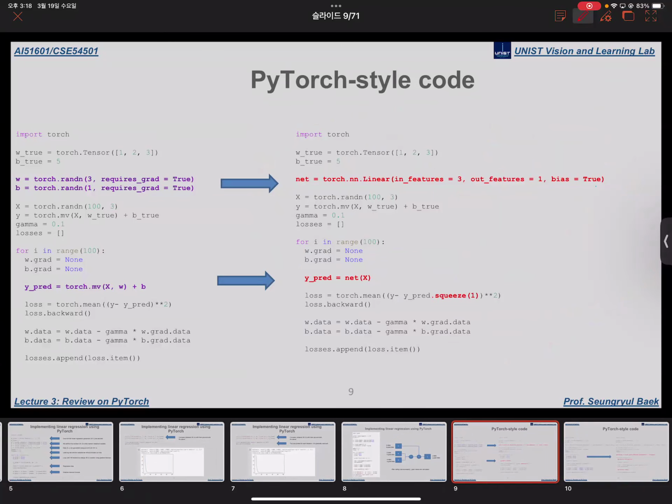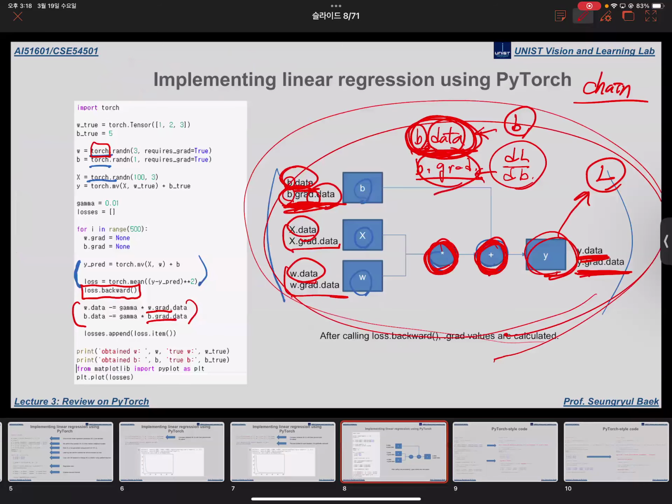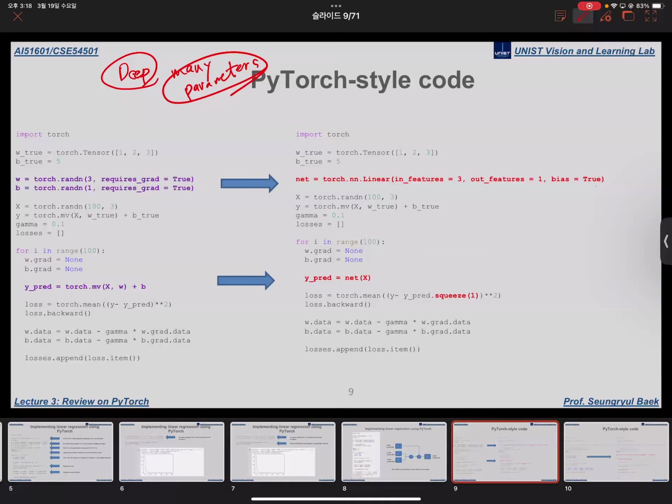And there are still a few things which might not be trivial to implement, because in a deep architecture, there are many parameters, right? That was the simple case of training the simplest linear regression algorithm, so there were only two parameters, W and B, okay?